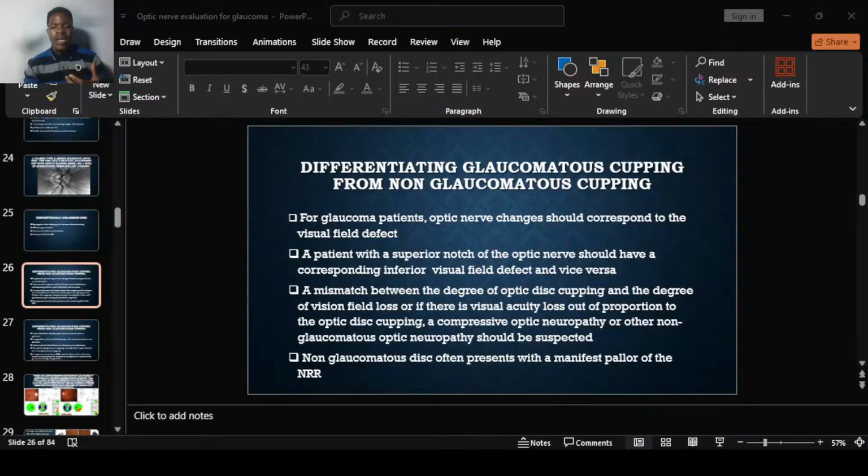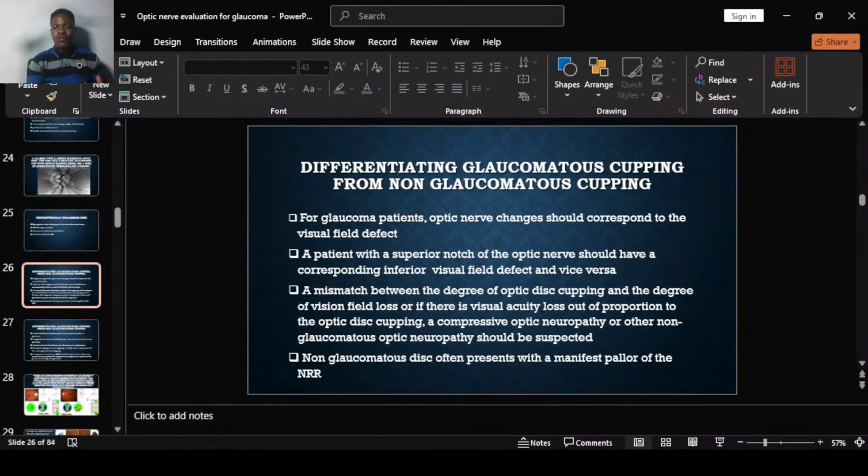So this is why we do not just interpret results in isolation. We want to look at the fundus camera, the visual field, the OCT, pachymetry results, all this and that. When we bring all this together, it gives us a detailed and better approach to diagnosis.